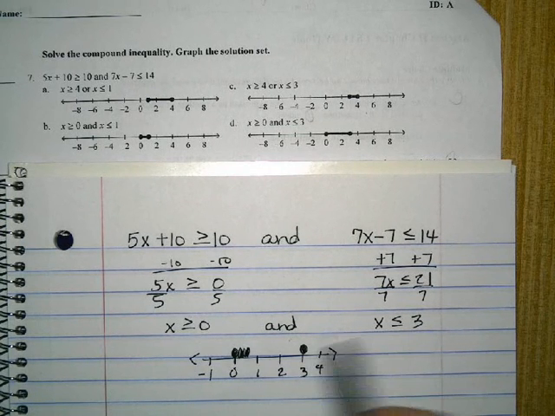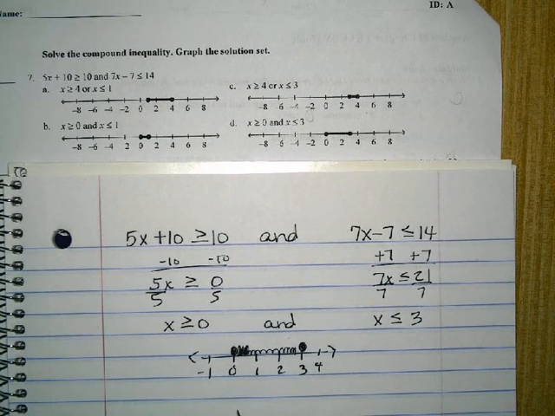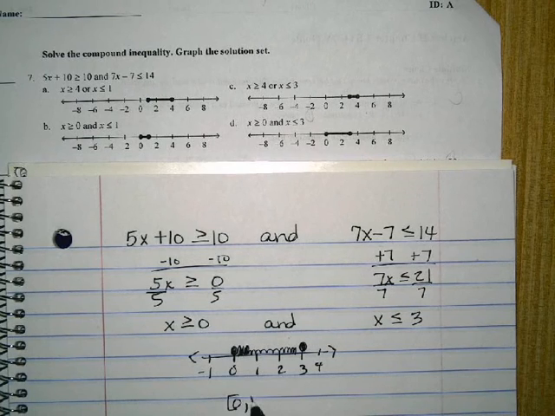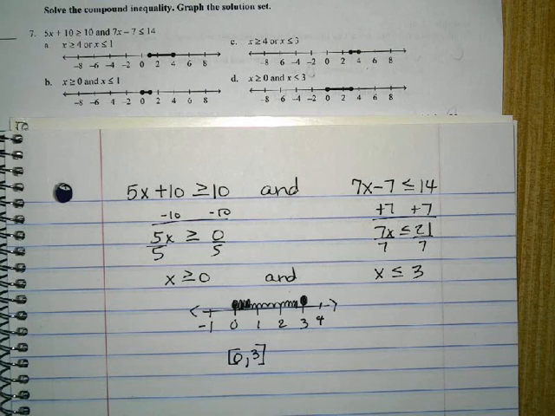And shading to the... So this is my answer. If I were going to be in college algebra, I would say the numbers from 0 to 3. That would be my interval. We're not doing that this year, but I'm just showing it to you so you'll know. Which graph represents this? D.